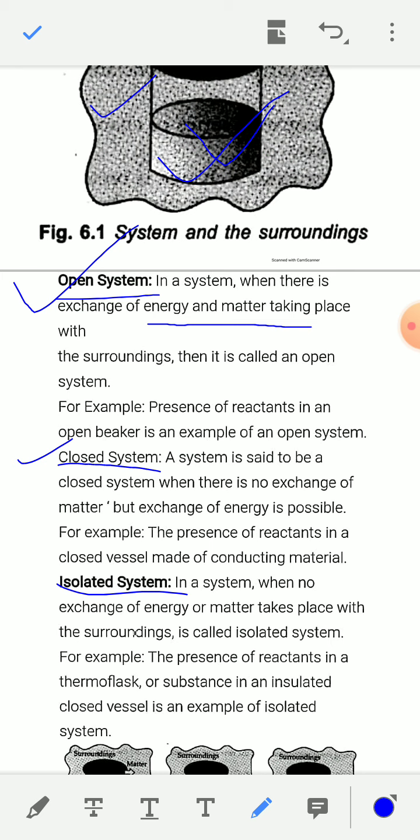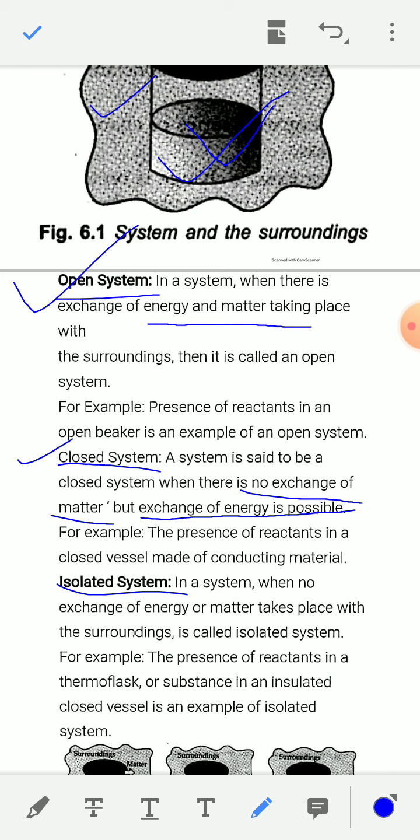Now closed system. A system is said to be a closed system when there is no exchange of mass or matter, as the system is closed. In a closed system, exchange of energy takes place, but there is no exchange of matter or mass with the surroundings.